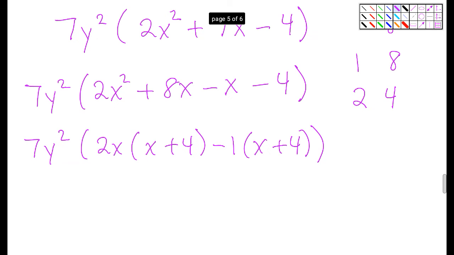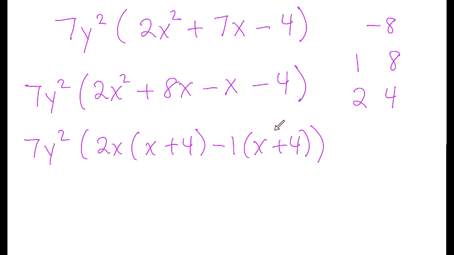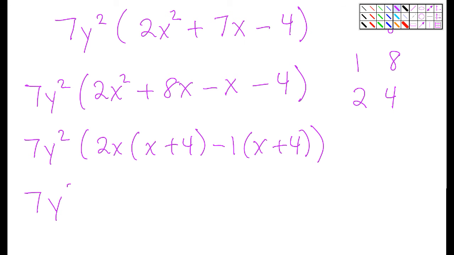If you do it right, you'll have the same thing that you factored out. Now I'm done. (2x - 1)(x + 4). And you've factored the original problem. Good for you.